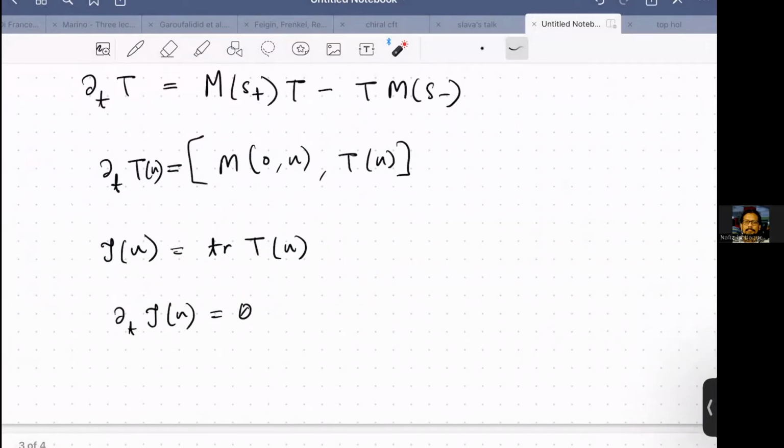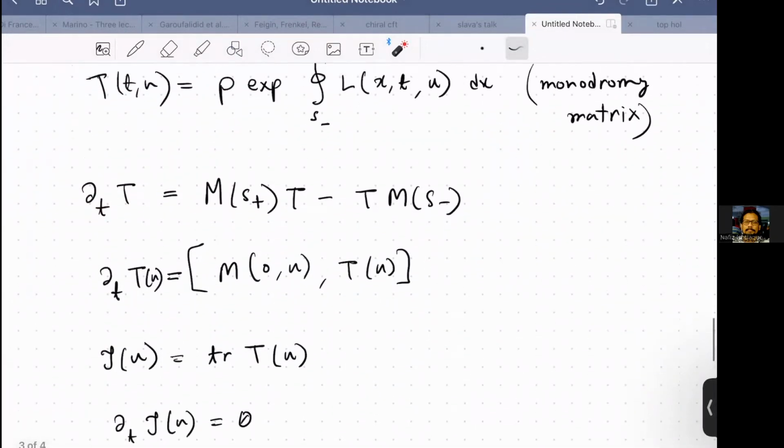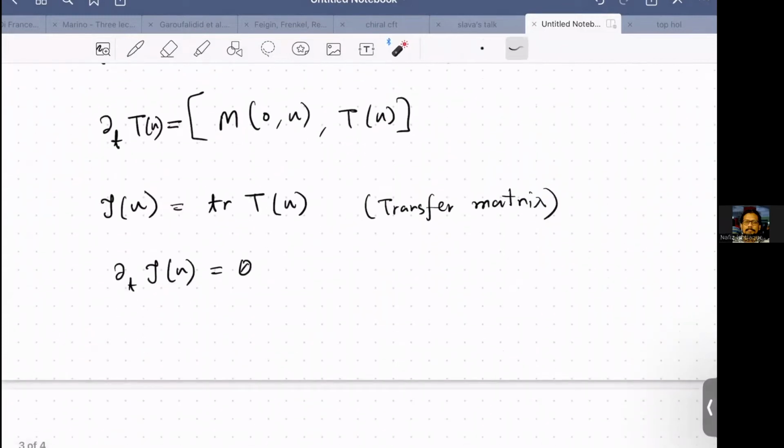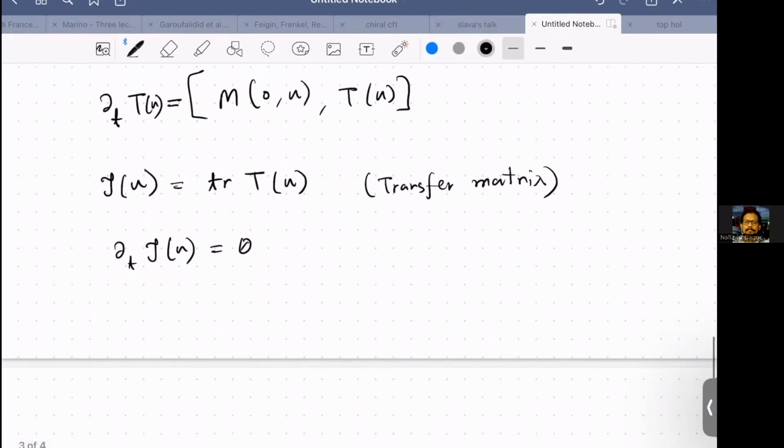Right. So I was saying that if you take the trace of the monodromy matrix and define this matrix, which is called the transfer matrix, then the transfer matrix is conserved simply because you are taking the trace here and you're taking the trace here, and the trace of a commutator is 0. Okay, that's fine.